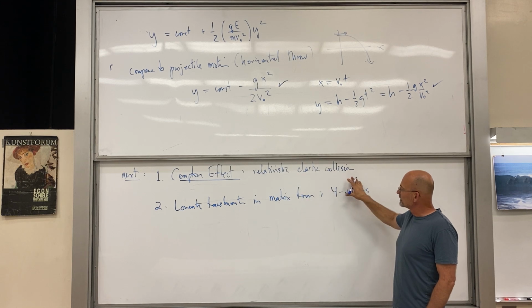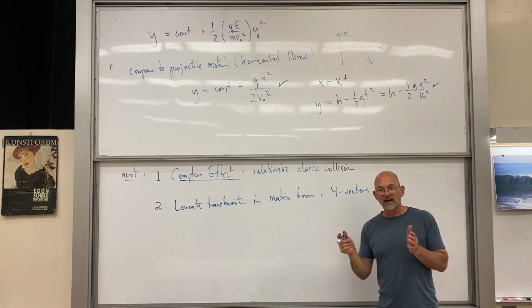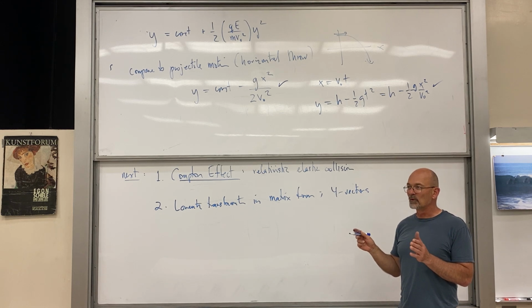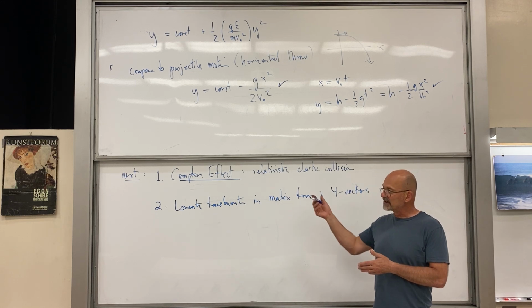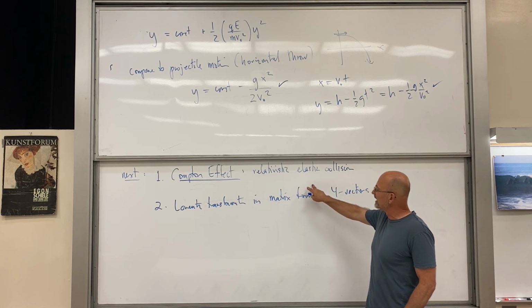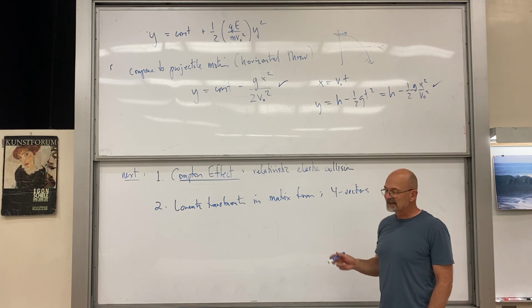In terms of four vectors, what we want to do is take it back into our derivation of the relativistic dynamics that we've already done, and so that'll dovetail into that, and then we'll have a decent treatment.